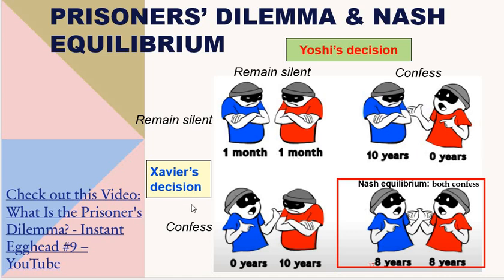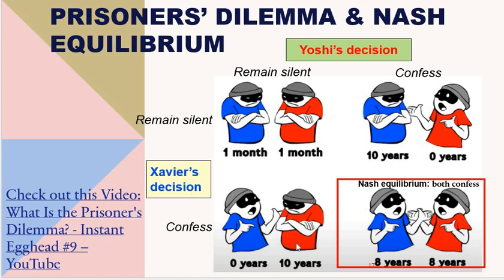Now let's consider a second scenario. If Yoshi knows that Xavier chooses to confess, then Yoshi is forced to choose from these two cases. If Xavier confesses already, then confessing will give Yoshi 8 years, but remaining silent will give Yoshi 10 years.